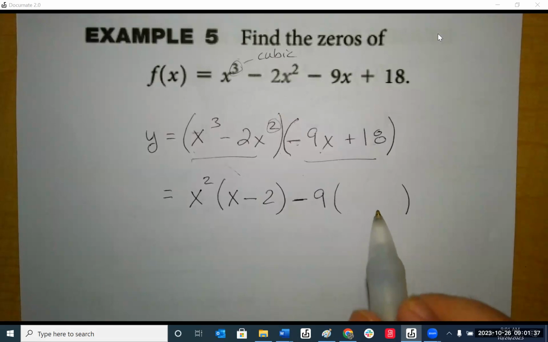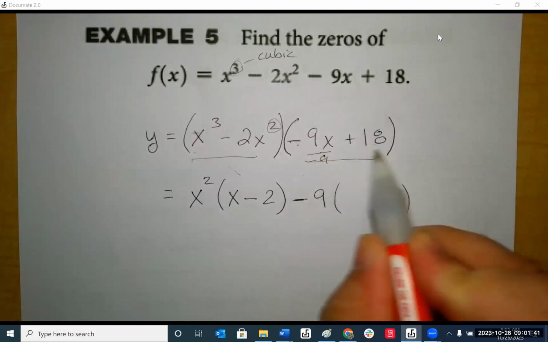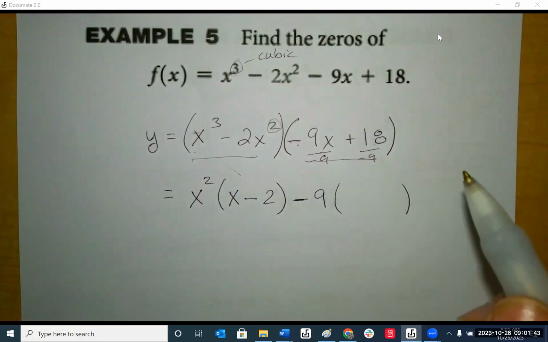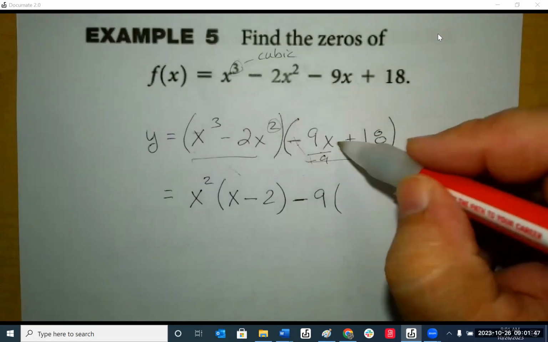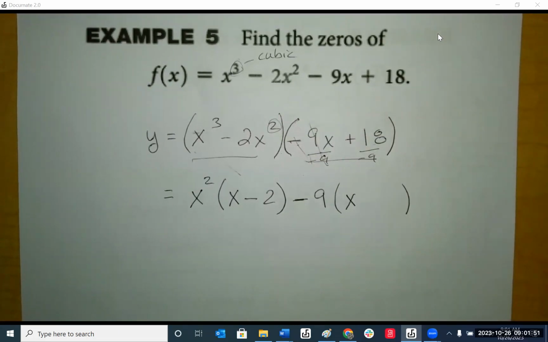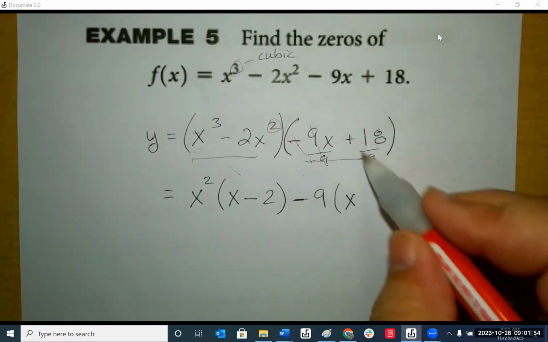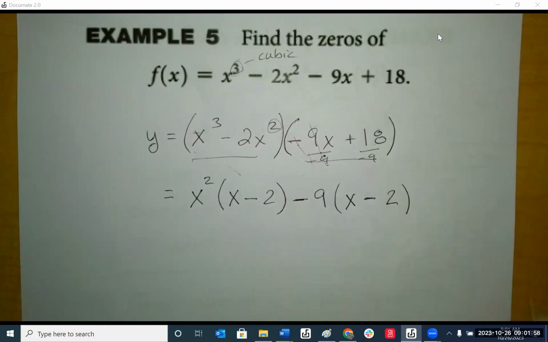So to see what goes inside the second parenthesis, we divide both of these by what we factored out, negative 9. Negative and negative becomes a positive. The 9's cancel, so we have an x. Positive and negative makes it a negative. 18 divided by 9 is 2.